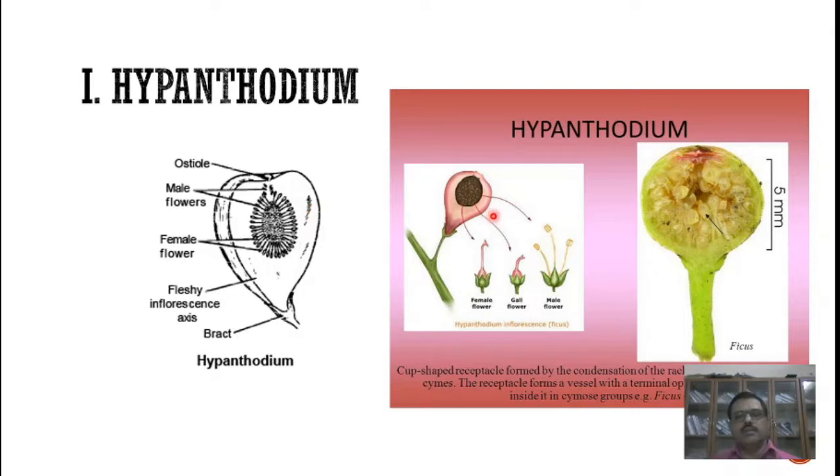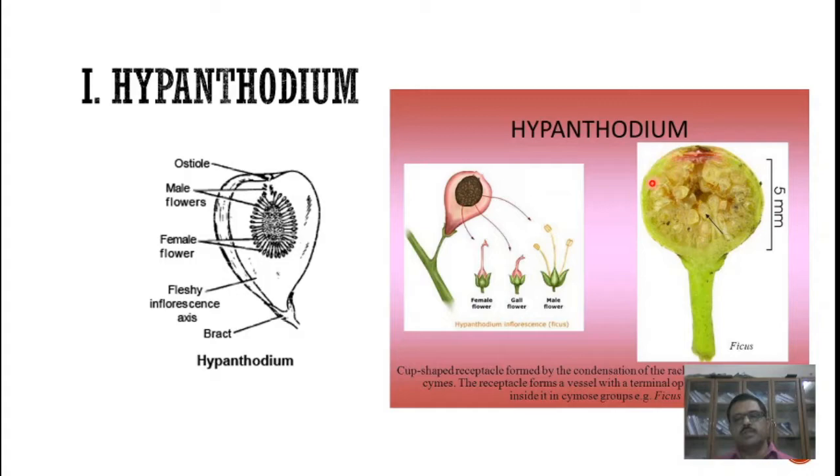So as we can see in these pictures, the peduncle is modified into a special structure. It is modified into a fleshy flask-shaped receptacle.